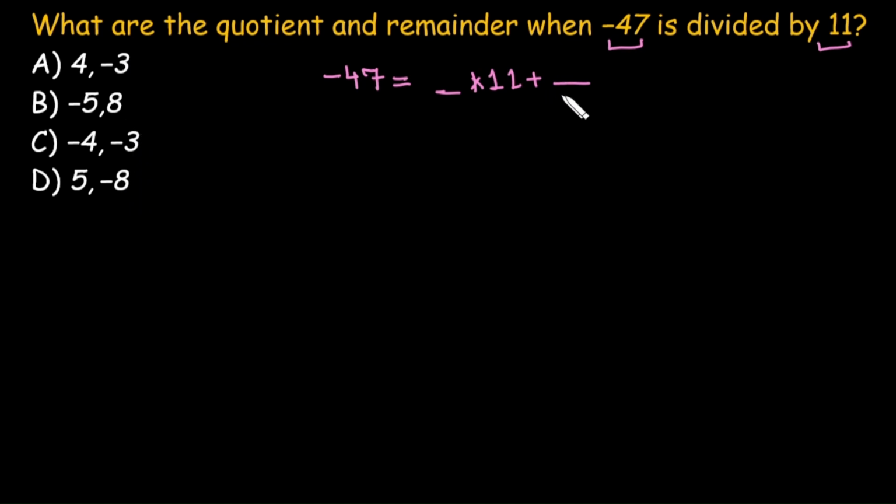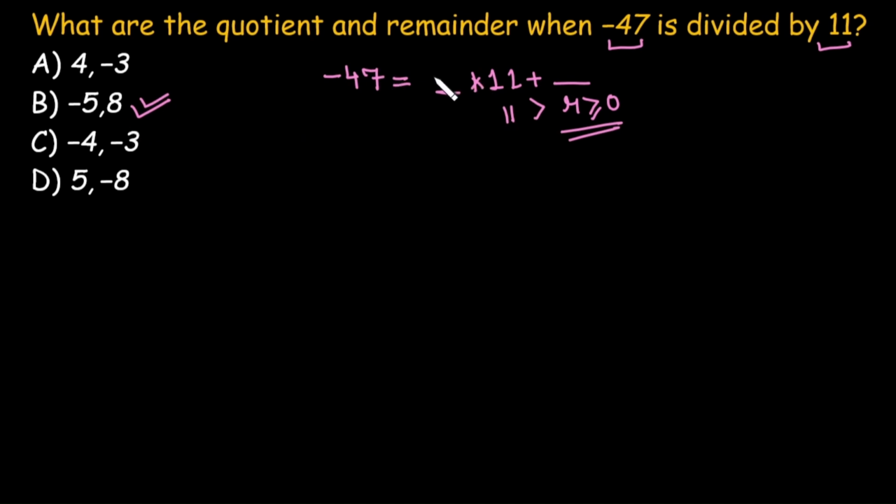But make sure when we are picking the option, the remainder must be greater than or equal to 0 and less than 11. It cannot be negative. In each option we have negative remainders. Hence they are all discarded except B. This indicates B is the correct answer.